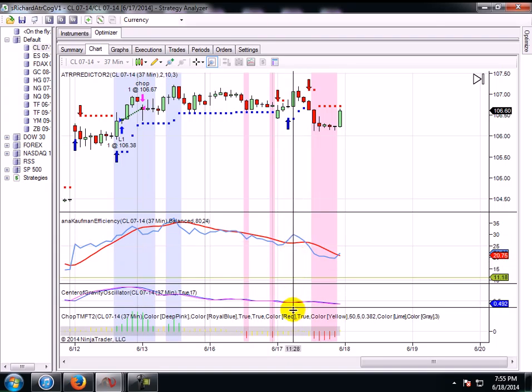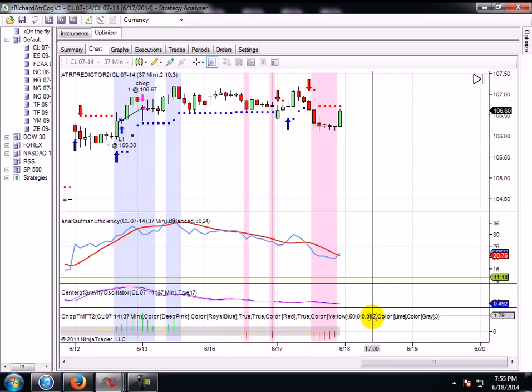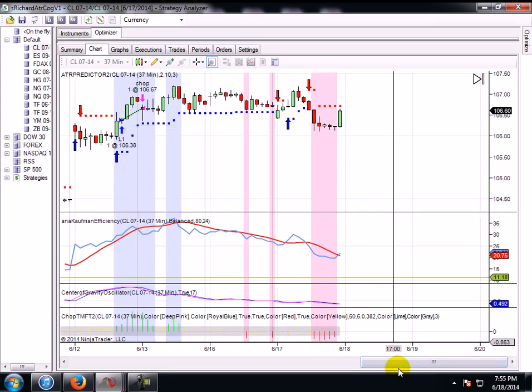CGO's in accordance. However, it looks like it might have gotten out on the very next bar, so it may have been a 1 or 2 bar trade. Nonetheless, another example of when a trade should have been taken.